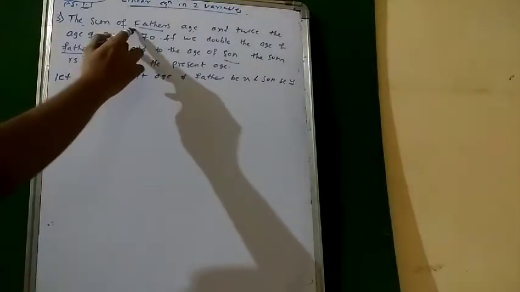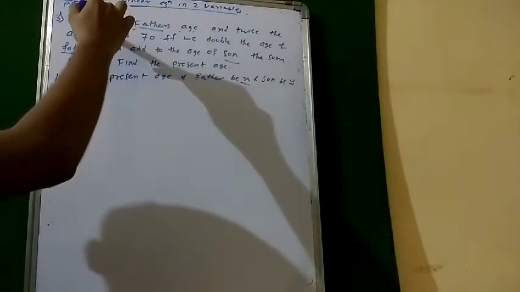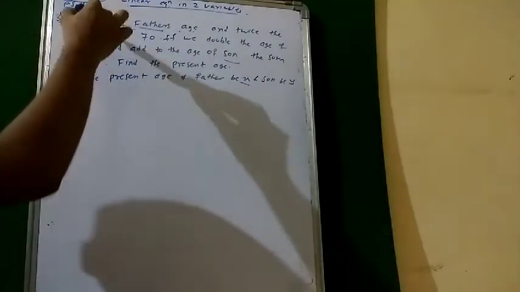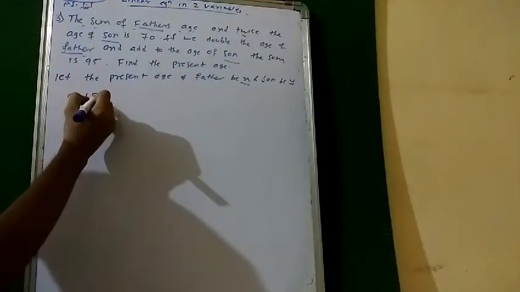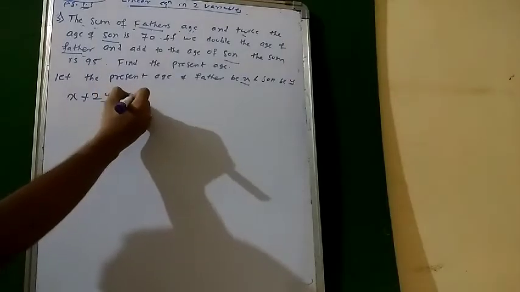Now according to the first condition, the sum of the father's age, x, plus twice the son's age, 2 times y, is equal to 70. This is equation number 1.